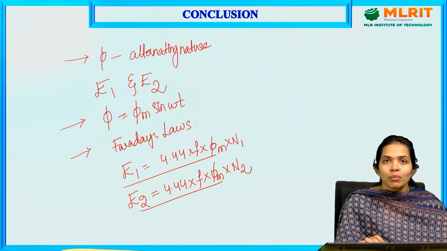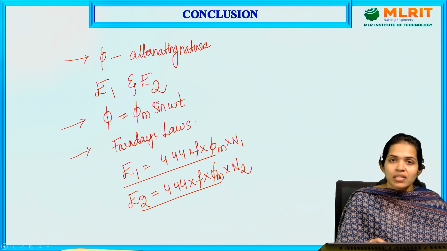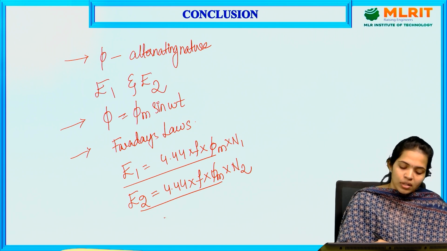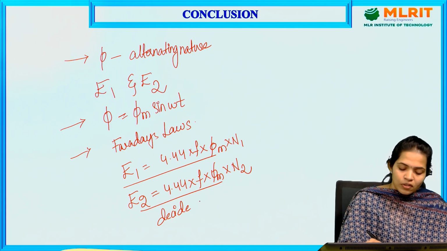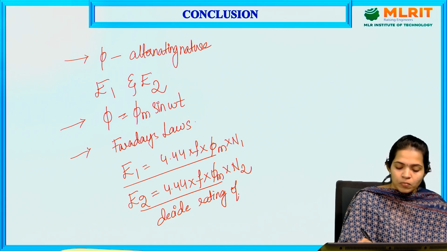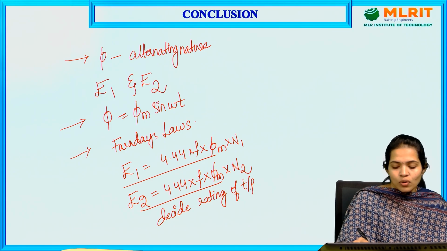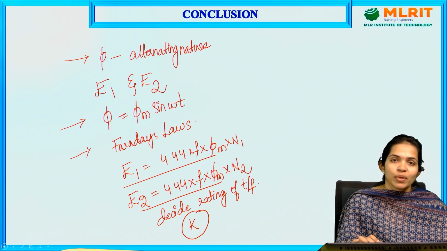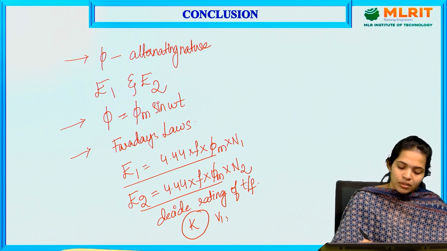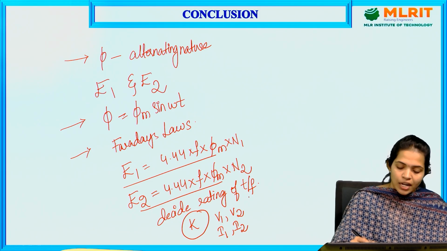This is about the EMF equation of the transformer, which is basically used to decide the rating of the transformer and also to calculate the transformation ratio K with respect to the terms V1, V2, I1, I2 and also N1, N2. Thank you.